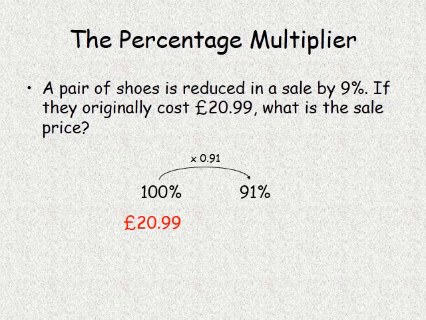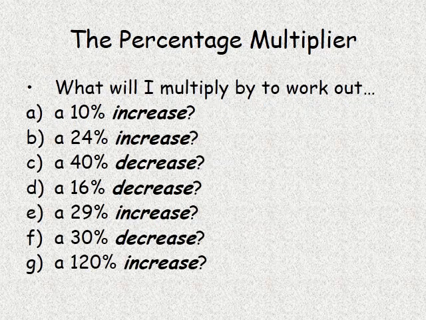So we must multiply 0.91 with £20.99, or 91 with 2099 if you like, and then don't forget the decimal places, and the answer is £19.10.